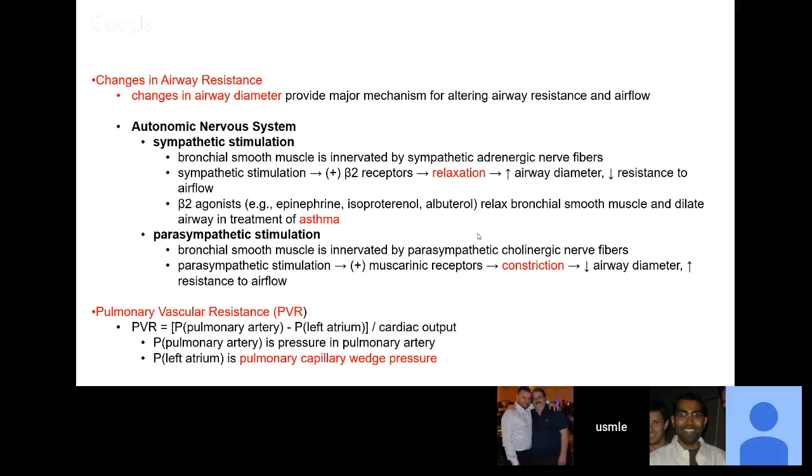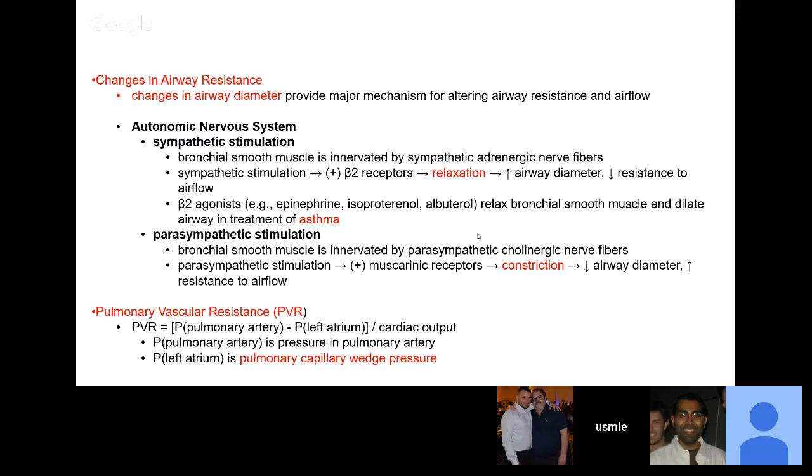If you have relaxation of smooth muscles, then the airway radius is going to increase, thus the airway diameter is going to increase, and that means you're going to have a decrease of the resistance to the airflow. So you're going to have better airflow going in.